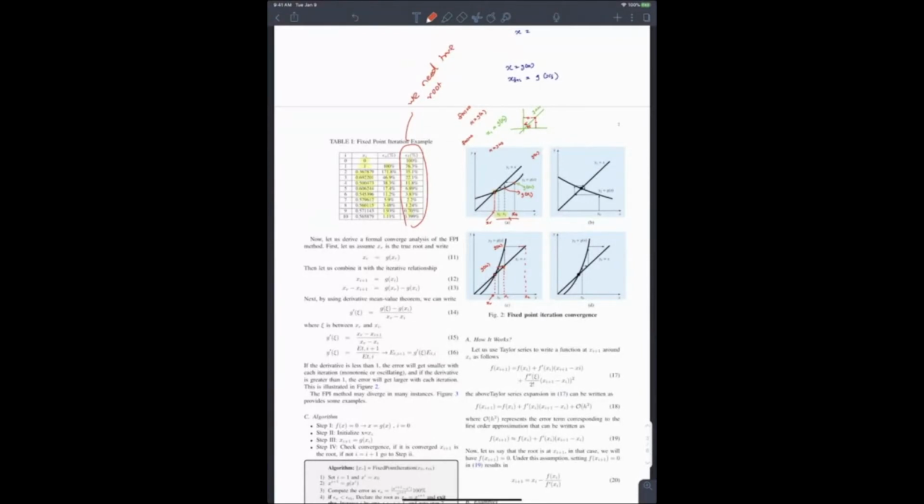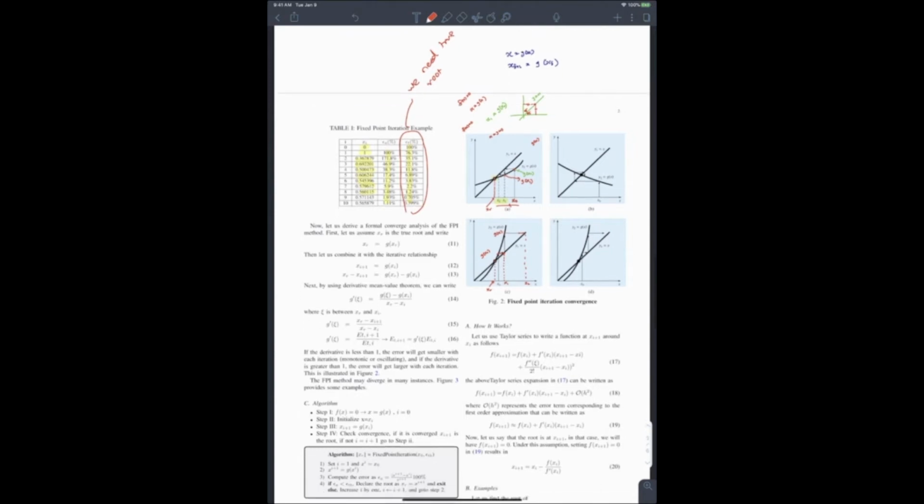Other than that, we can compute the percentage relative error. And when you write an algorithm, the algorithm will only look at percentage relative error, because if you know the true root, why do you need an algorithm? In practical applications, we don't know true roots. Otherwise, we don't even need these methods. So that's basically the summary of this method.